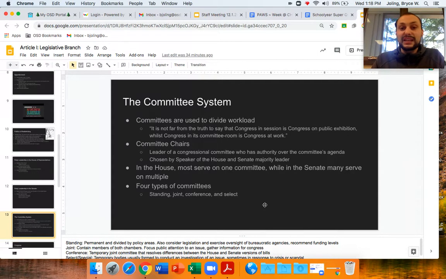What he was saying there was that when there are public sessions being conducted, we see a lot of public theater, or congressional theater. People are trying to put on a performance to please their constituency.